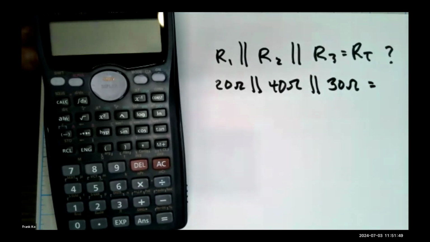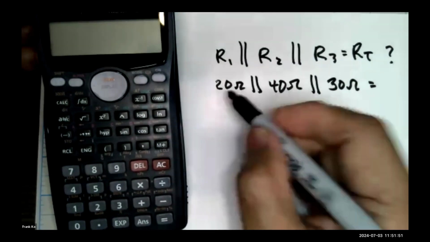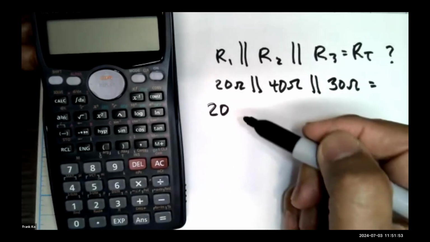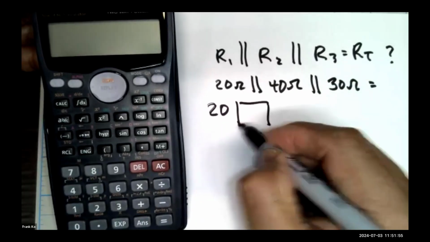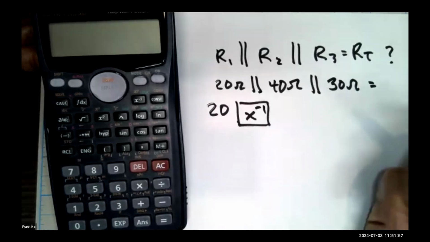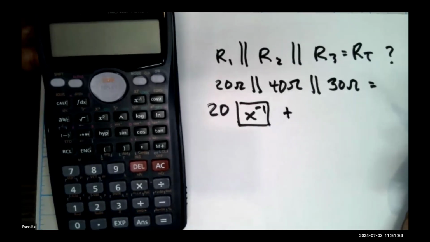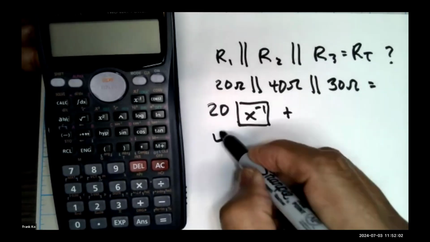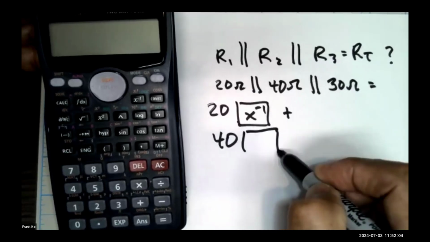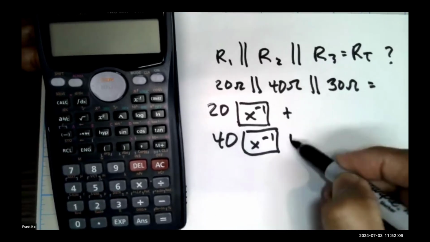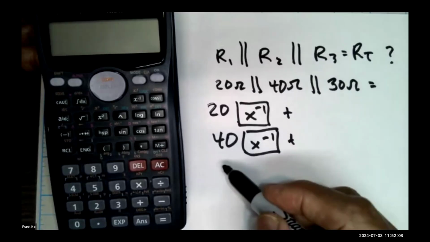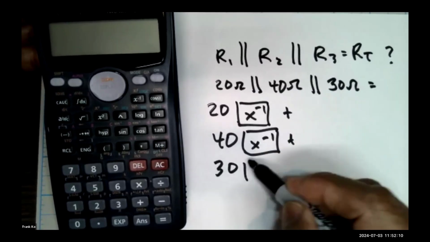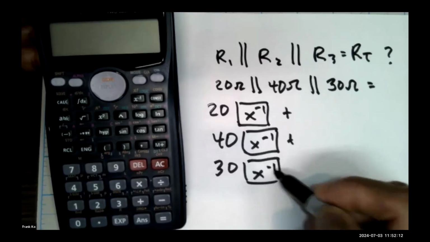And the way you put this into your calculator, as was shown, was simply 20, and then you hit your reciprocal key. This is your X -1 key. Then you add. What are you going to add it to? The next 40, and then hit your reciprocal key again, and you're going to add. What are you going to add that to? 30, hit your reciprocal key one more time.